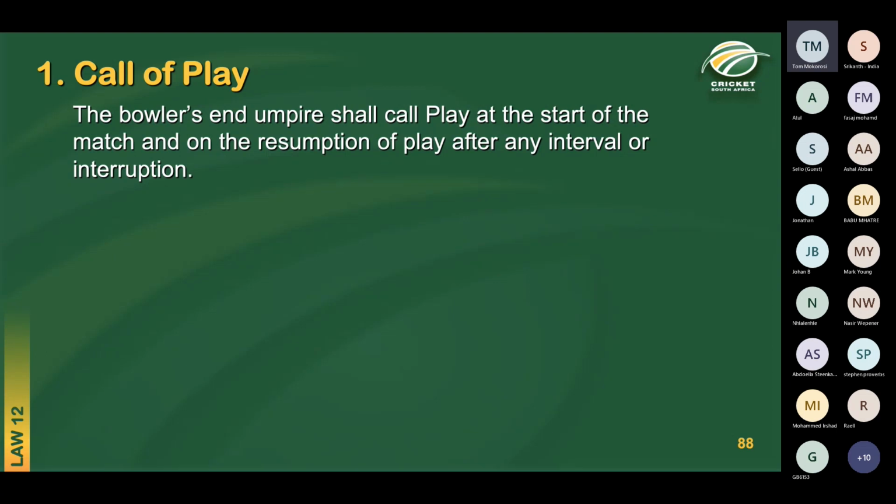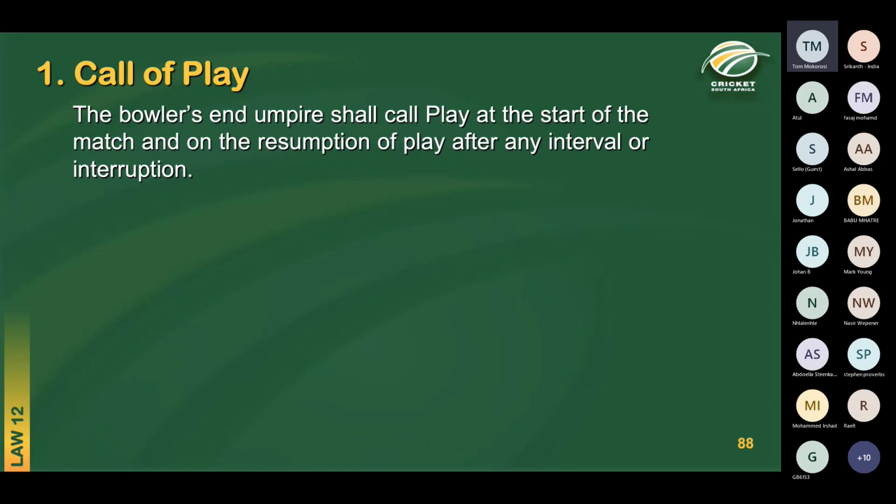You need to determine that before the start of the match, and you need to make sure that they are ready before the start of the match. So they are the first people that you as the bowler's end umpire will wave at, and they will signal back to you that they're ready. Then you come into the field and you ask the fielding captain, skipper, are you ready?